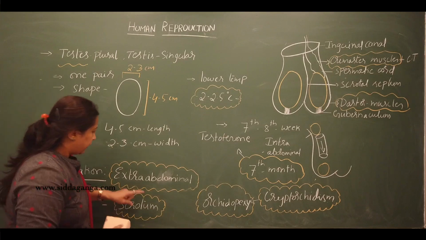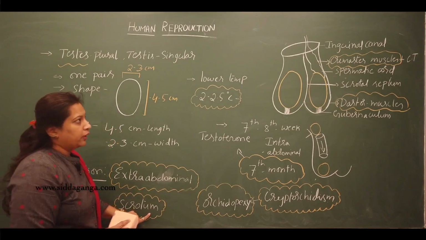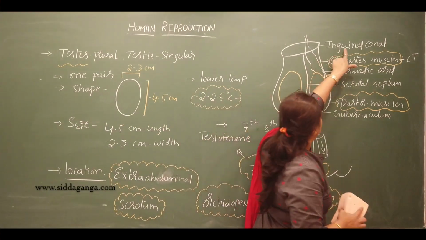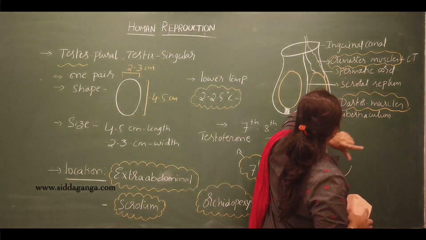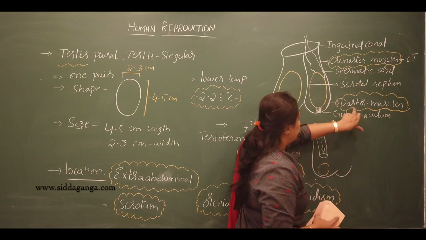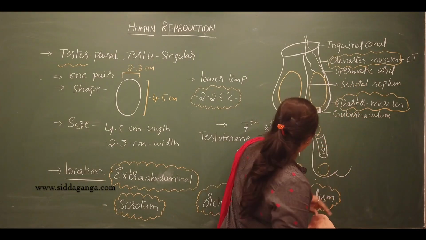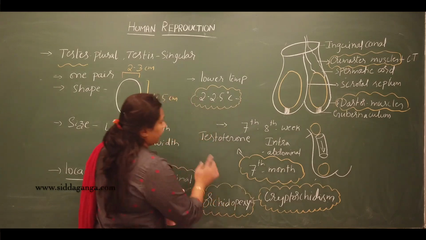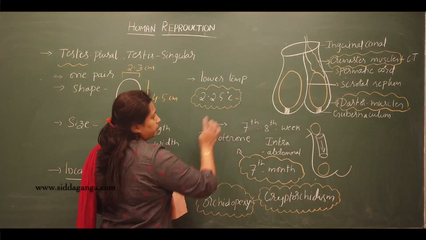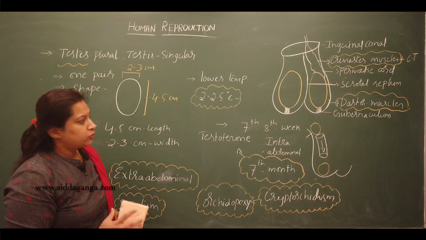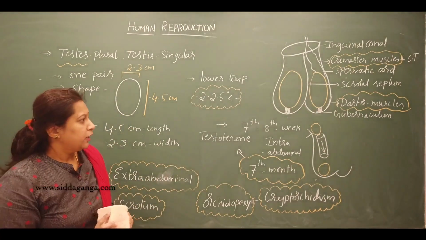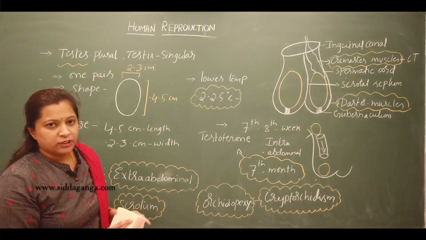They are located in the scrotum. This is the inguinal canal, cremaster muscles, spermatic cord, Dartos muscles, gubernaculum, cryptorchidism, orchidopexy, and the lesser temperature of the scrotum. All these are very, very important from the NEET point of view. So many questions can be framed.